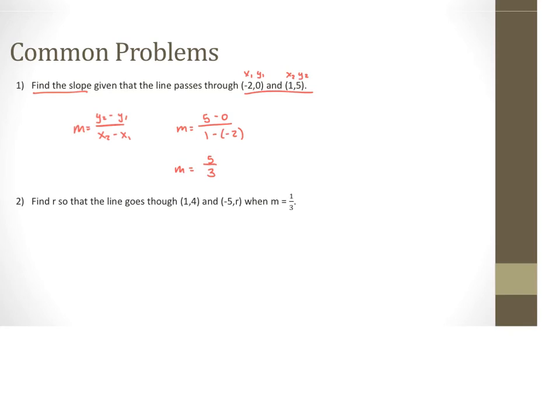But the next common problem that you'll see a lot is when you're asked to find r. So you're given a point, you're asked to find a line that goes through these 2 points with this slope, only we don't know what the full point is. Now the setup for this is the exact same thing. Our equation is the exact same. Doesn't change.